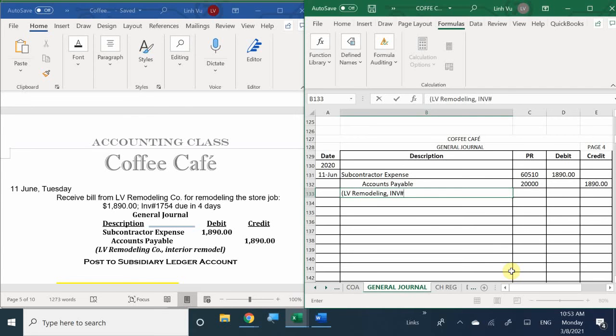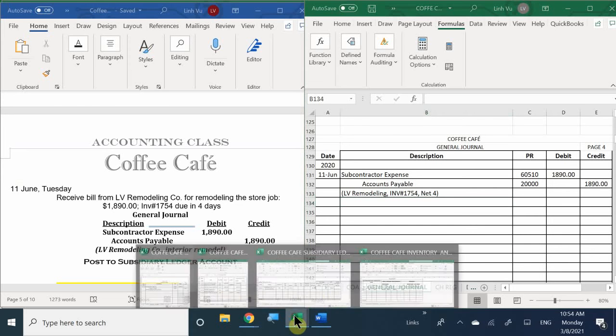What's the invoice number on this one? 1754. And we have terms, right? It's due in 4 days, so net 4. Okay. All right. So let's go ahead and update our ledger.